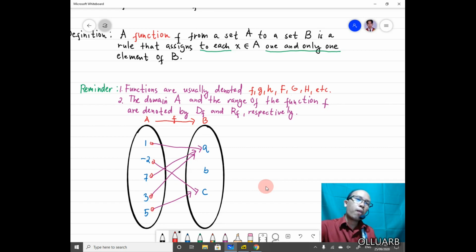Why is that? Remember that for the relation, we reserve the capital letter R, but here we will be using this notation.